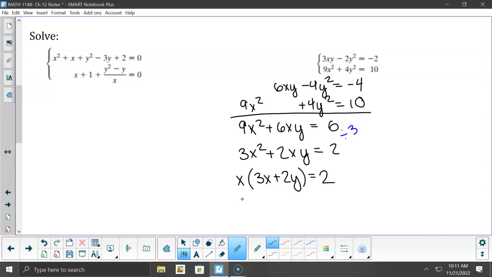All right, so could I get y completely alone on that second, like that bottom rung? Like if I divide by x, so I've got 3x plus 2y equals 2 divided by x, subtract 3x, I'm going up here.